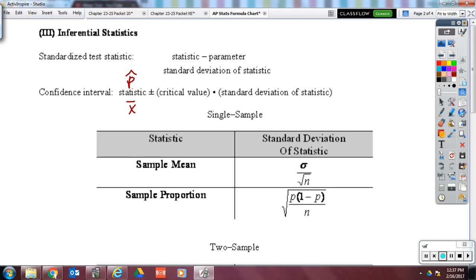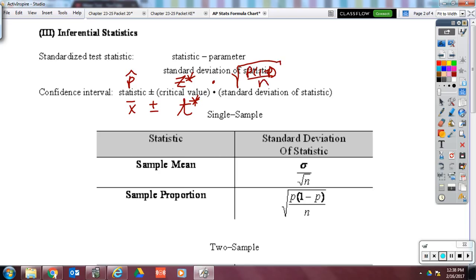Last unit, the critical value was a what? A Z star, and we inverse normed to get that. This unit, our critical value will be a T star, and we'll inverse T to get that. I'll teach you that shortly. Last unit, our standard deviation was for proportions, the square root of p times 1 minus p over n.